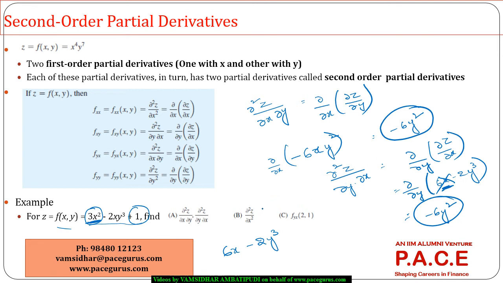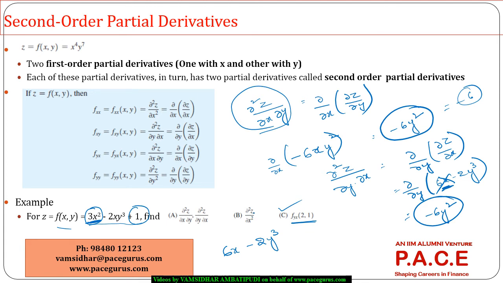I am also supposed to find fyx(2,1). fyx is first I find the derivative with respect to y and then with respect to x, which is coming out to −6y². If I substitute y equal to 1, it is coming out to −6. So even this numerical is solved.